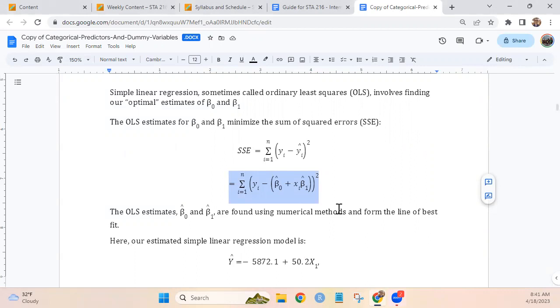If you view y, the response values from the data, as fixed constants, and same with x, you can take the derivative of this quantity with respect to the intercept term. You can also take the derivative with respect to the slope. And then you find where the derivative is 0.